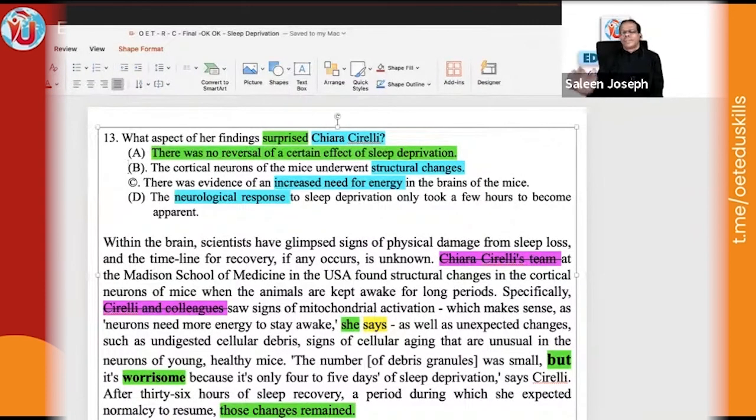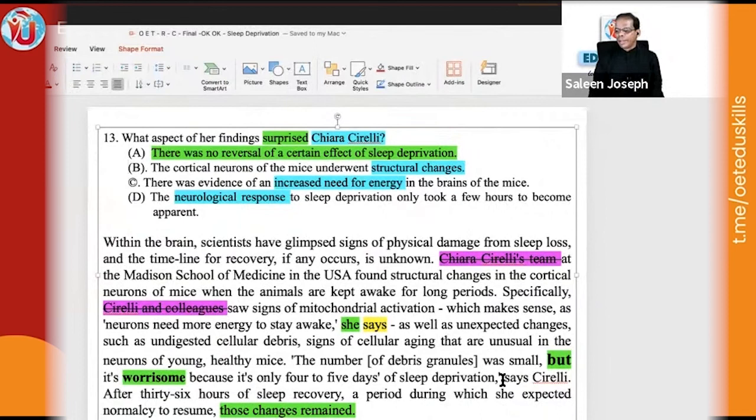In the first paragraph itself, the 7th question, if you understand the same statement they said, there is no possibility of recovery. These changes remained means the harm that happened to the brain cells remained. Even after sleeping for a long duration, sleep depth was not compensated. Okay, but it's worrisome because it's only 4 to 5 days of sleep deprivation.